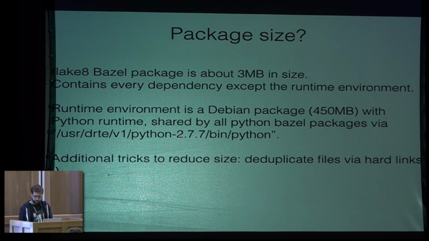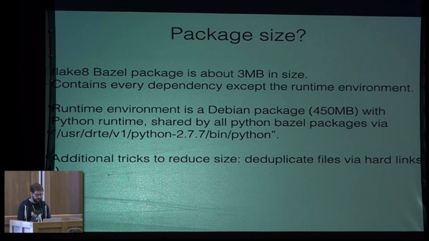We had to extract this runtime environment, which is a Debian package deployed on every production machine. It has the Python interpreter itself and a few core libraries, and that totals 400 megabytes. It also contains the Go runtime and a few shared libraries like OpenSSL. That's deployed everywhere and is not part of any Bazel package, so we use that to save space.